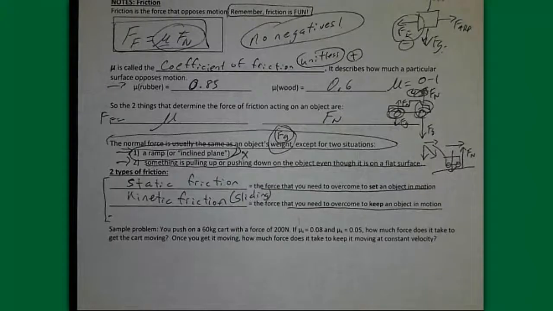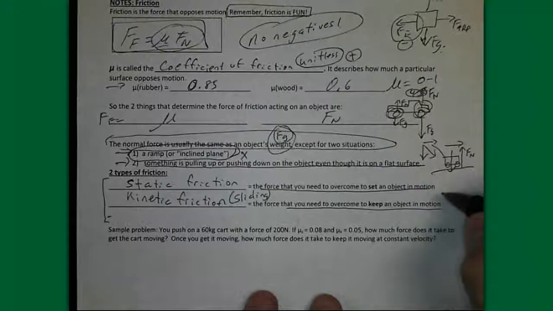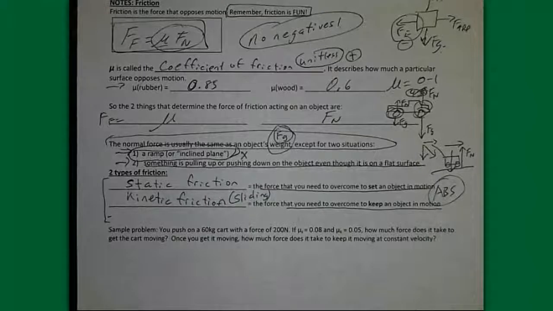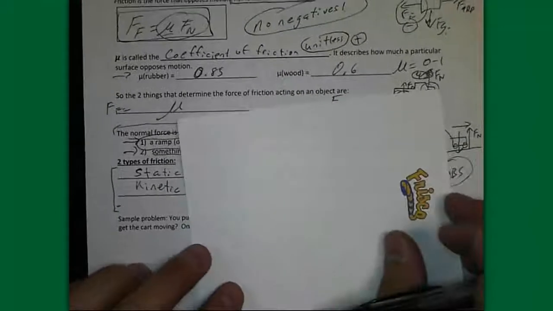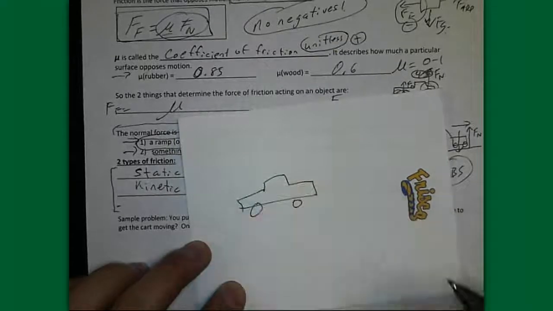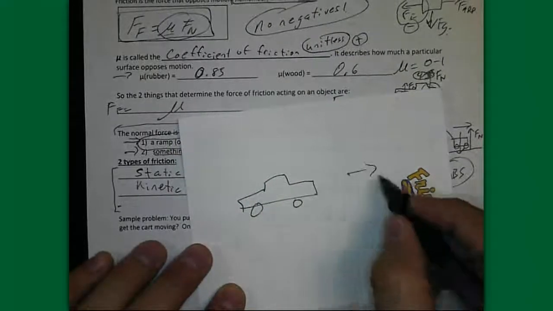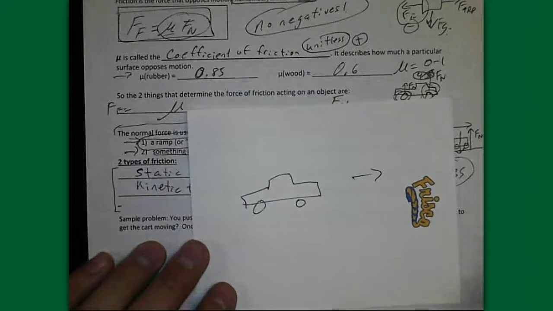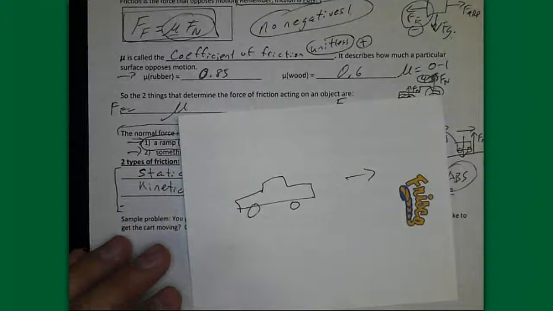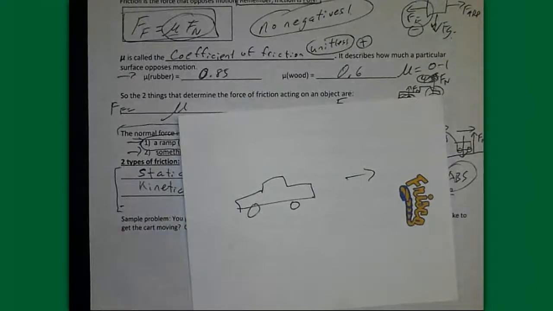Okay, that's the only time that you actually get kinetic friction. So right here is where I usually talk about an anti-lock brake system. Let's consider that. If you think about your car, all cars today are made with anti-lock brake systems, right? If you're moving this way, the purpose of an anti-lock brake system is it kind of pumps your brakes back and forth. It'll put them on and pull them off, put them on, put them back off.